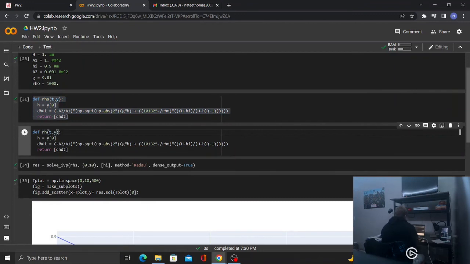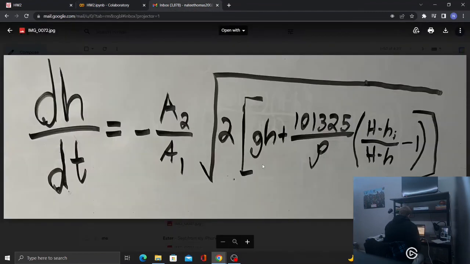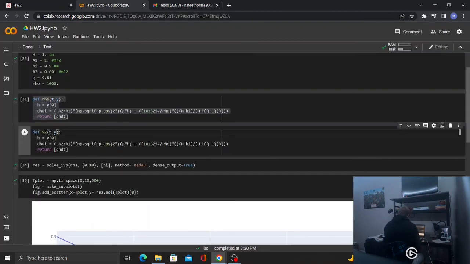Now instead of calling this the right-hand side equation, we're going to call it v2 equals 0 event, where v2 is everything inside this square root. Again, we're going to be inputting t and y, and we still need this h equals y right there.